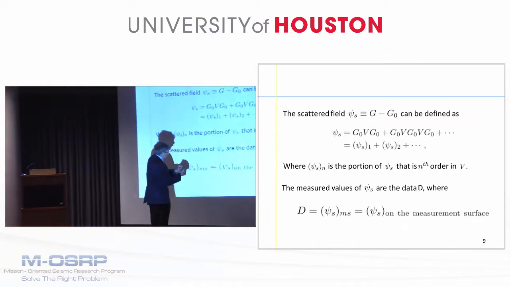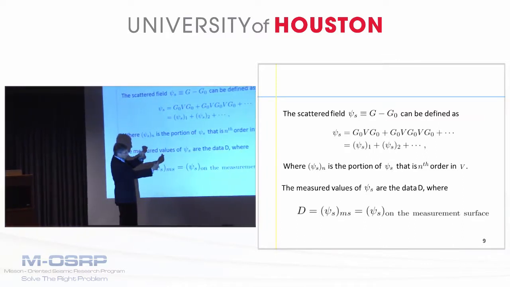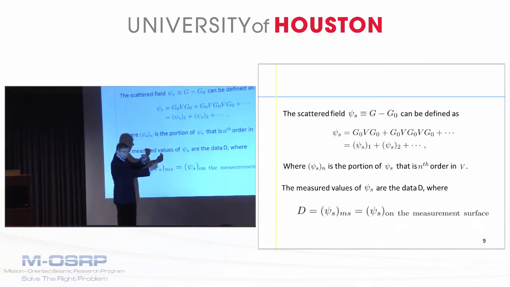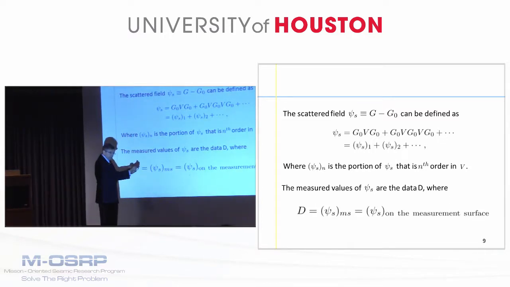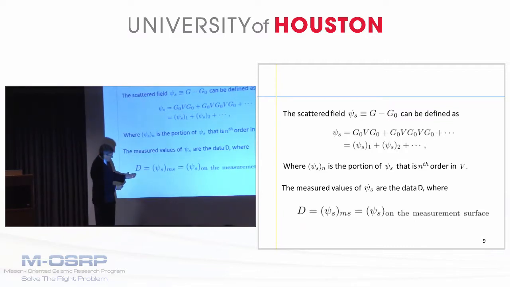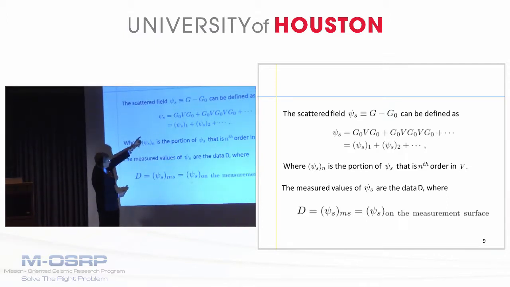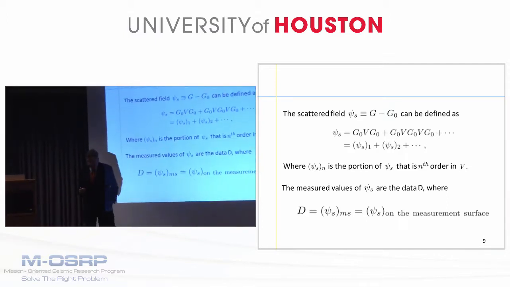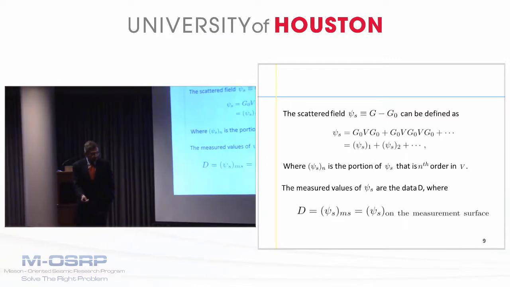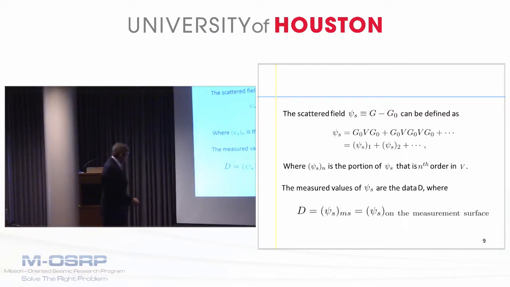So the G0 would just be what would propagate in water, and then maybe with a free surface if you want, yes? So D is the difference. D, the measured values of the scattered field, is what we call data. Data in terms of interrogating the Earth, okay? Interested in V.